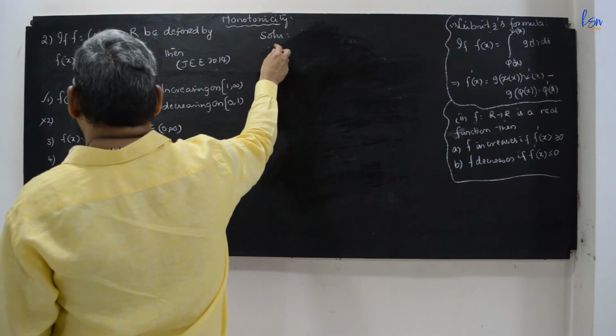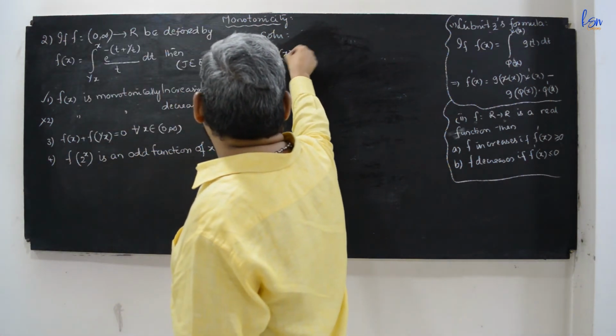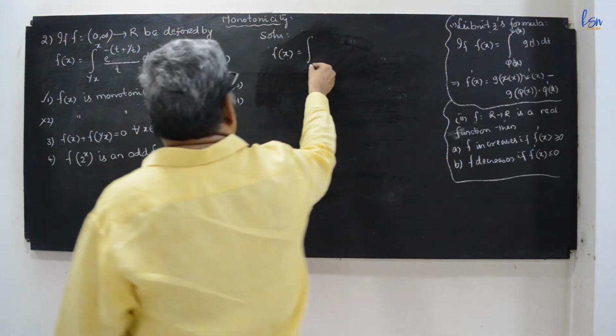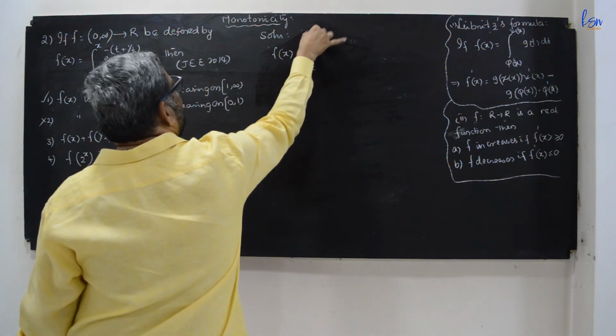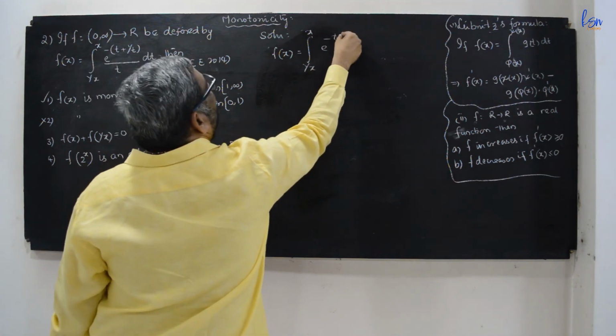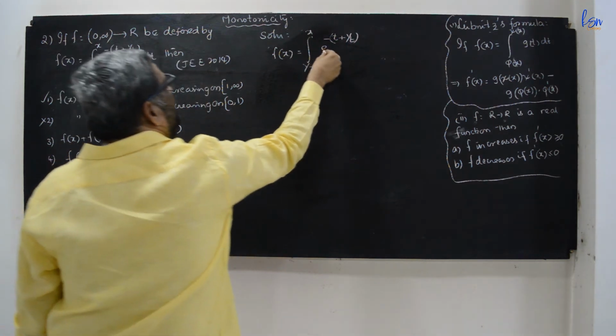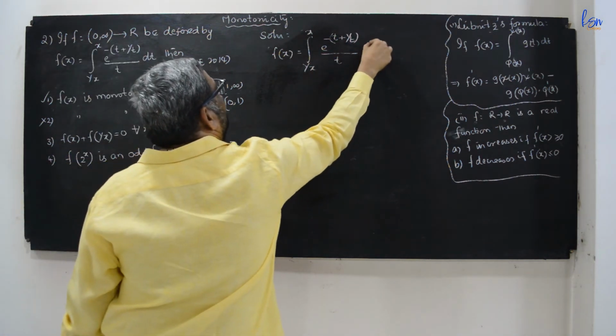For the third option, we will consider fx is equal to integral 1 by x to x of e to the power of minus t plus 1 by t, by t dt.